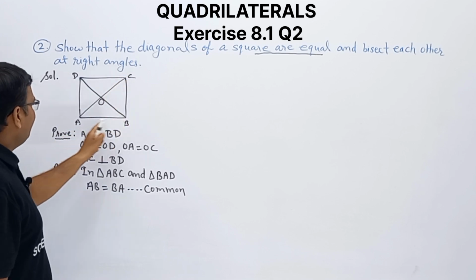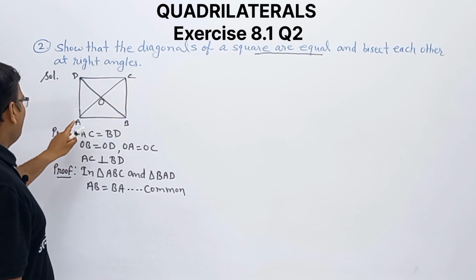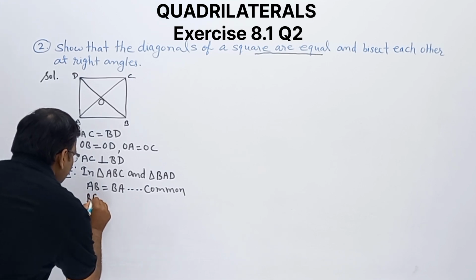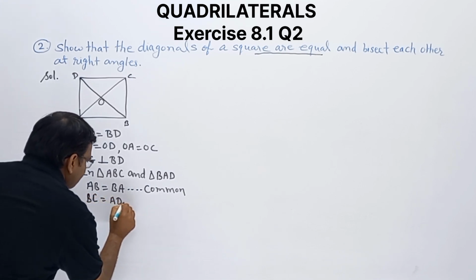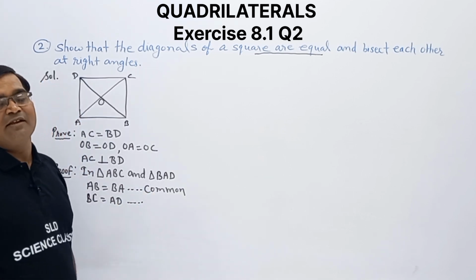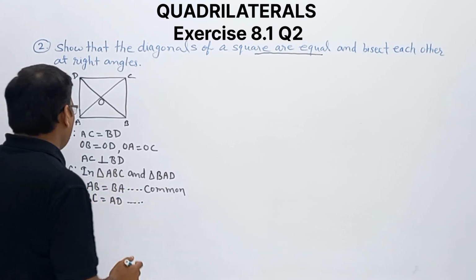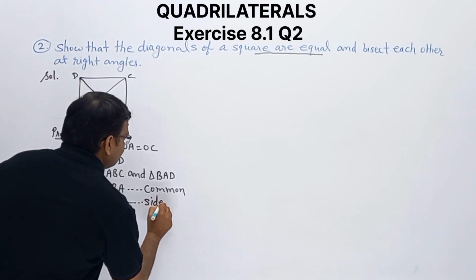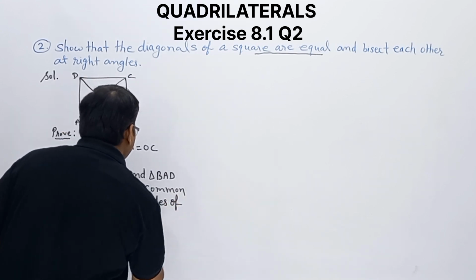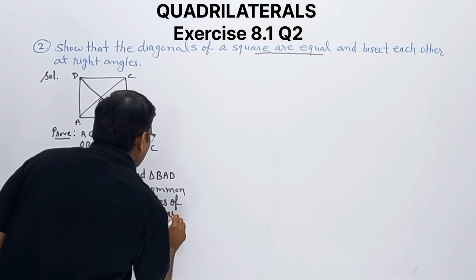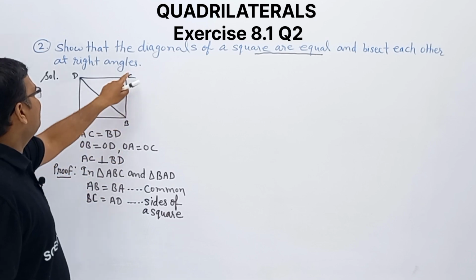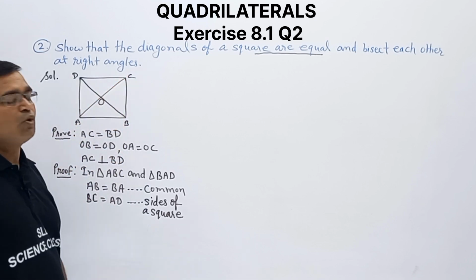In this triangle ABC, BC equal to AD, because these are sides of a square, and a square has all sides equal. Sides of a square are equal. So BC equal to AD. Why BC equal to AD? Because these are sides of a square.